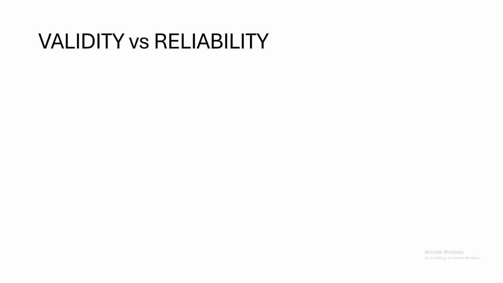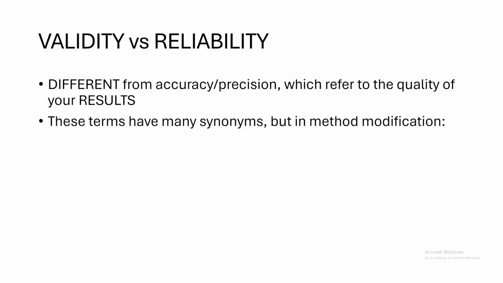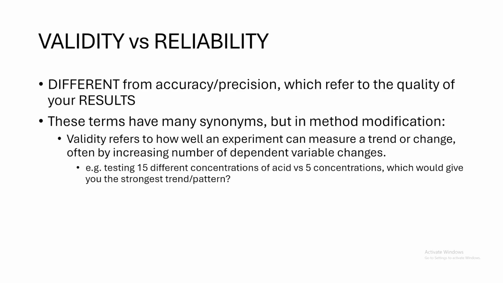Now, what is validity and reliability? These are different from accuracy and precision, which refer to the quality of your results. But in the method modification, they're different. So when we are talking about them in the method modification, validity refers to how well an experiment can establish a trend or a change.